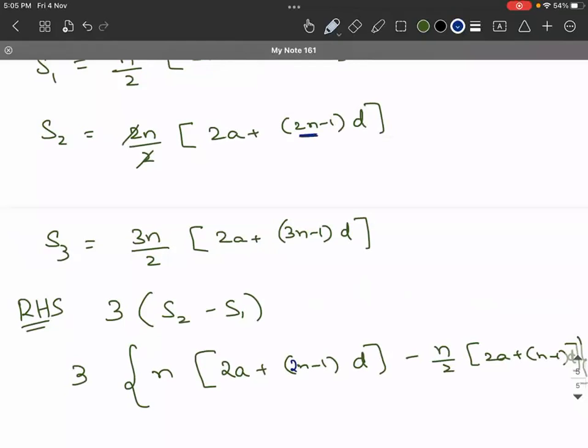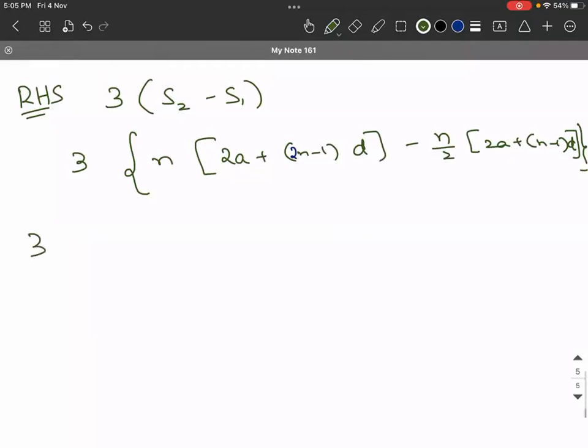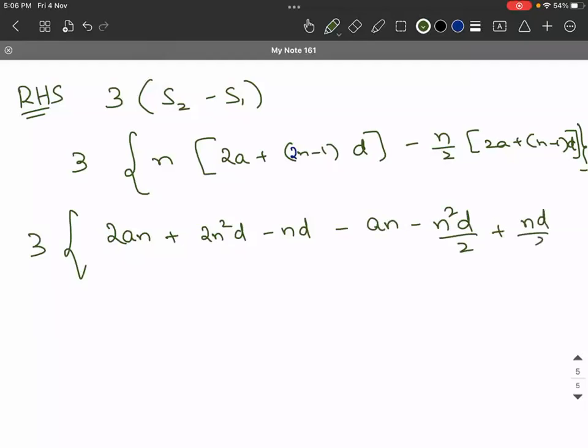There are no 2n minus 1. Right. So 3 into 2an plus 2n square d minus nd minus an minus n square d by 2 plus nd by 2.